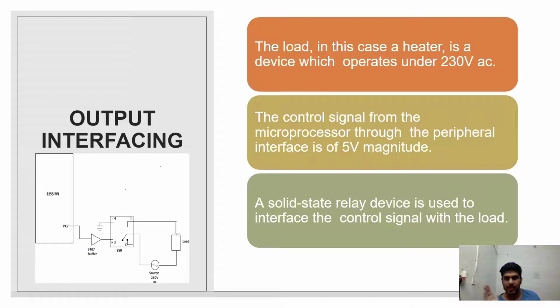The solid state relay device is used to interface the control signal with the load, and using this device, the microprocessor is able to communicate with the load, the heating device, in order to change the actual temperature of the surroundings. And then the entire process continues on. The temperature is taken in again by the sensor, and then it's again sent to the ADC to be converted, and so on. The cycle continues as long as the system is in place.